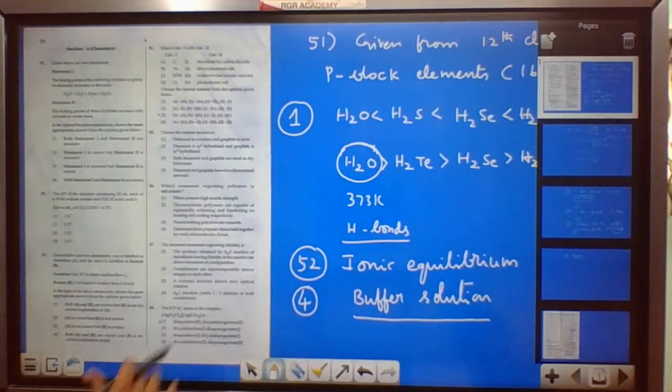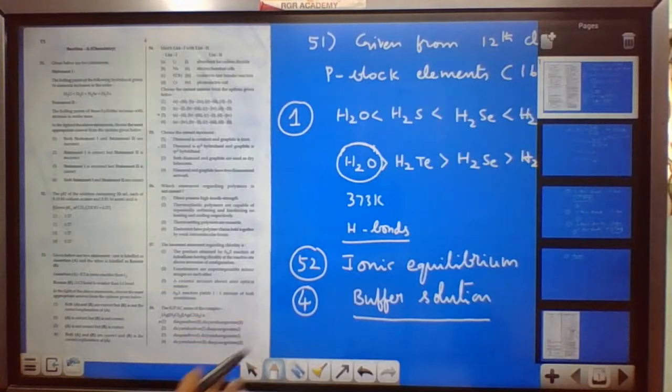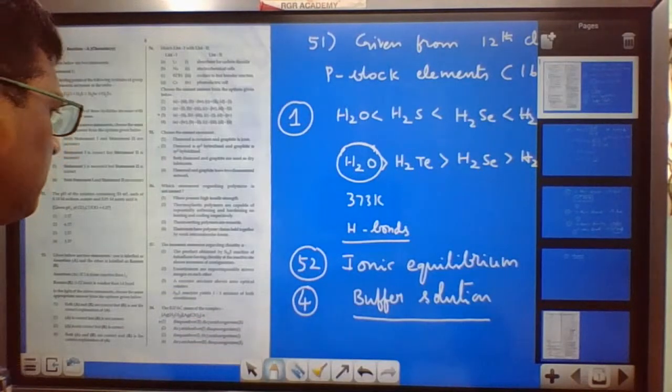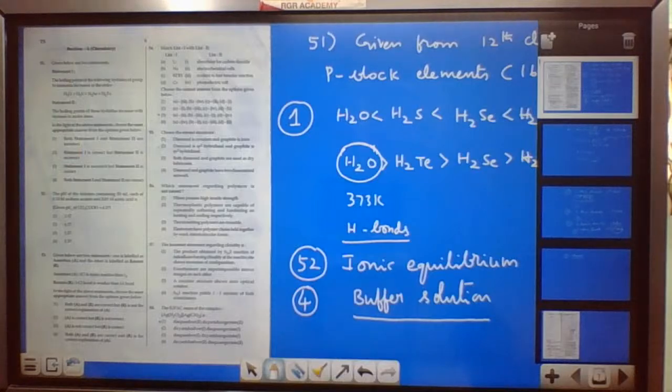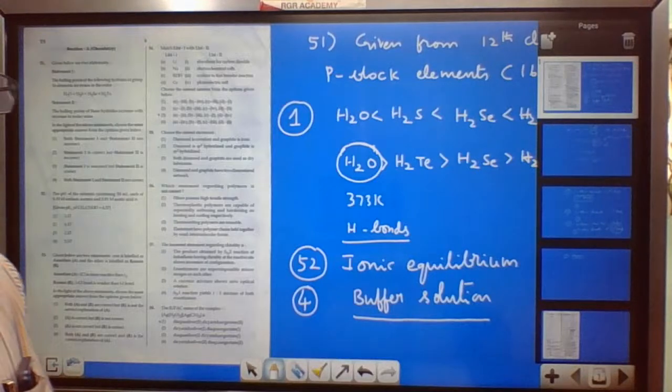Fibers possess high tensile strength. It's correct. They are asking for the incorrect statement. It's a direct statement given in the textbook. Thermoplastic polymers are capable of repeatedly softening and hardening on heating and cooling respectively. It's correct.